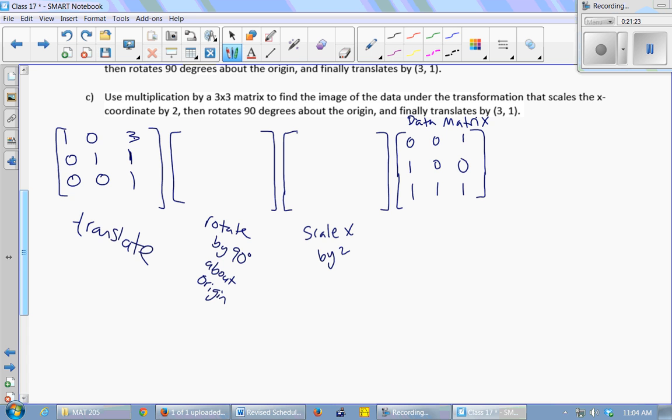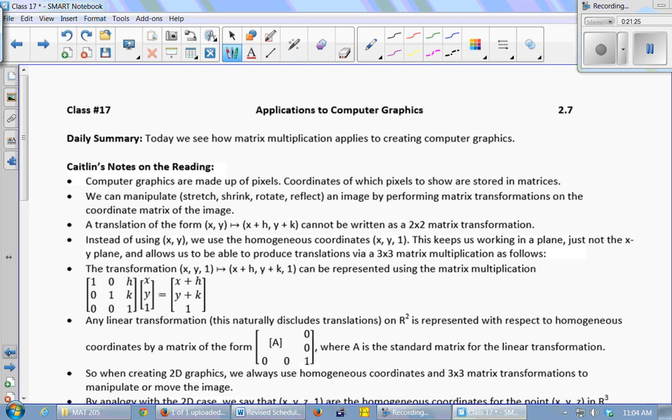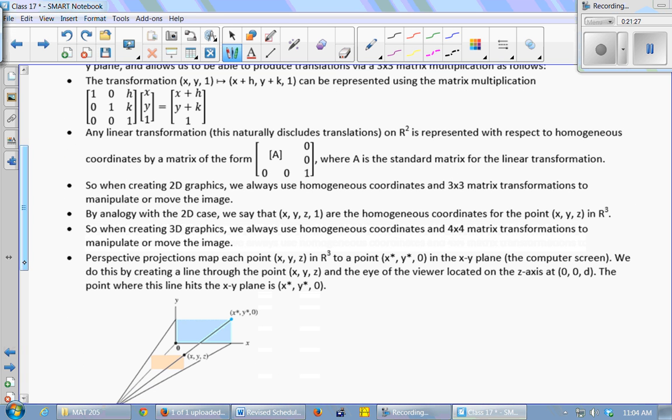Okay, so then let's look at how to do the other kinds. Any other linear transformation, which the rotation and the scaling are both linear transformations, you set up a matrix that looks like this. You've got zeros on the outer part with a 1 in the corner, and then A is the standard matrix for that linear transformation.